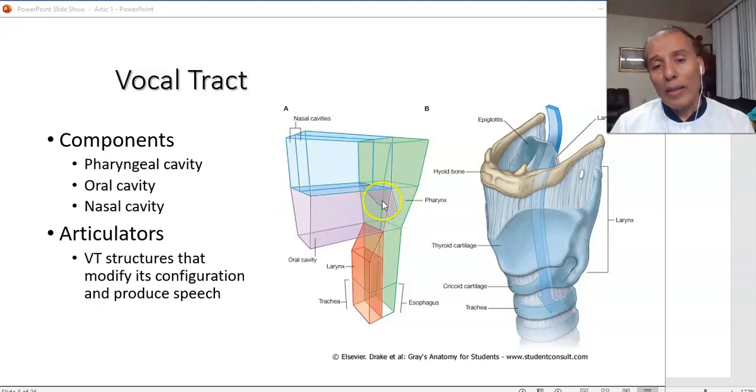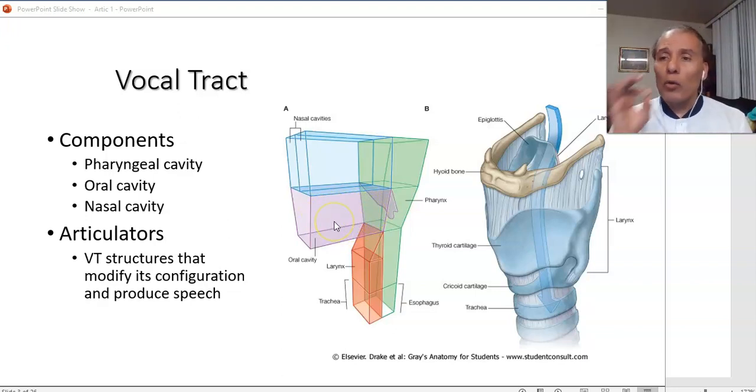And if the tongue is out of the way, then the frequency or the formant value becomes lower because there's a lot of room inside of that area. So the tongue is one major modifier of vocal tract frequencies or formants, we call them.